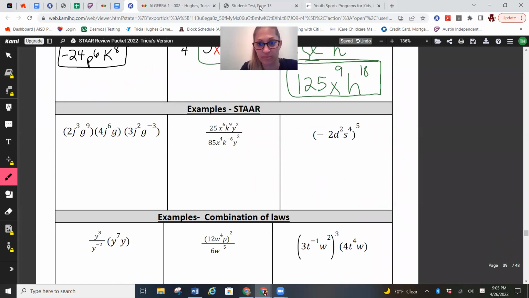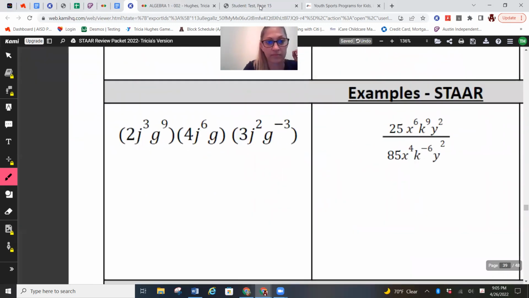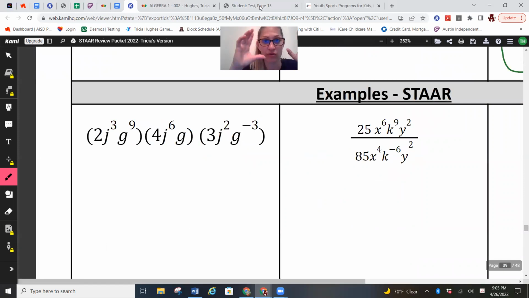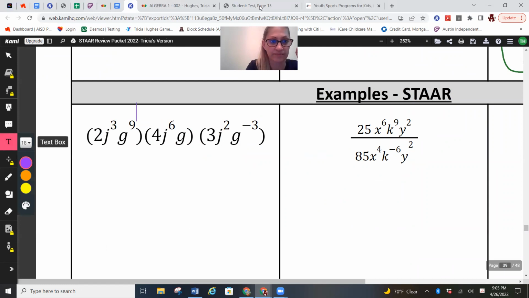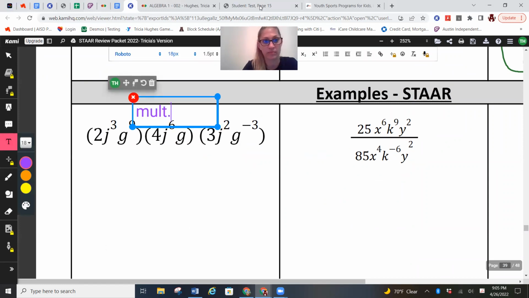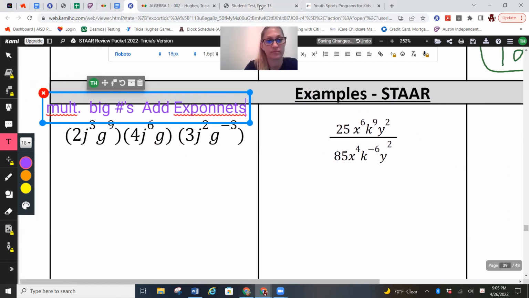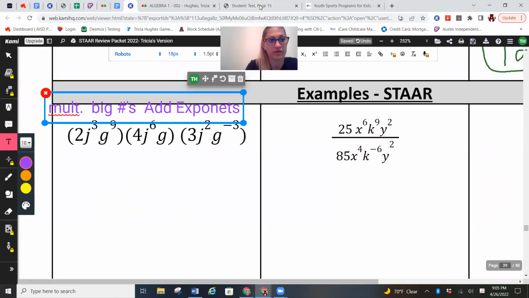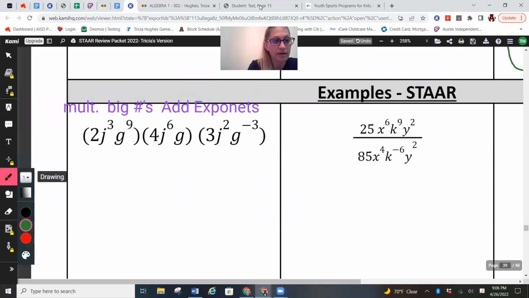Here's some examples from the STAAR. I'm going to give you 3 sets of parentheses, and you're supposed to know that that means multiplication. When you multiply, you're going to multiply big numbers. You're going to add exponents. Let's do it. Multiply big numbers.